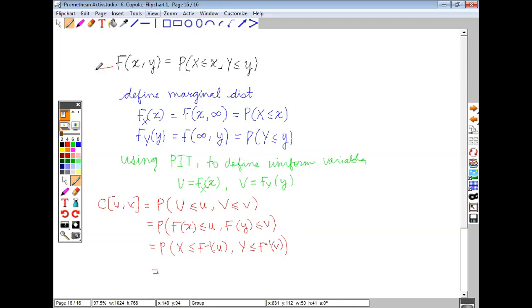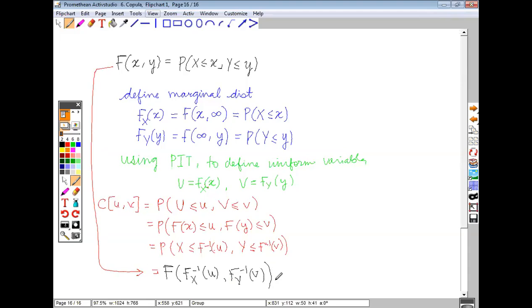So I'm going to use this fact to write this thing as F of, and instead of x and y, I'm going to write these. So what I will have is F inverse of u, with respect to x, comma, F inverse of v, with respect to y.